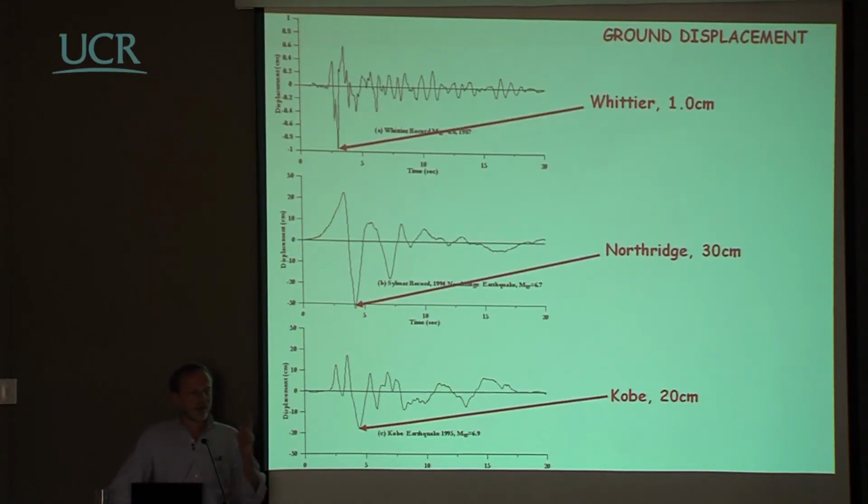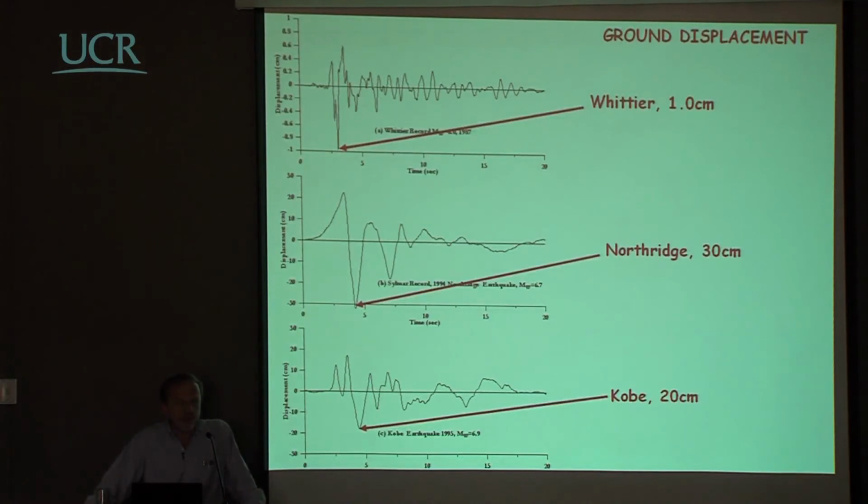You may remember, and forgive me from time to time for saying something in parentheses, that the first spectrum was derived by Maurice Biot in 1933 or something like that, which was the time of the Long Beach earthquake.